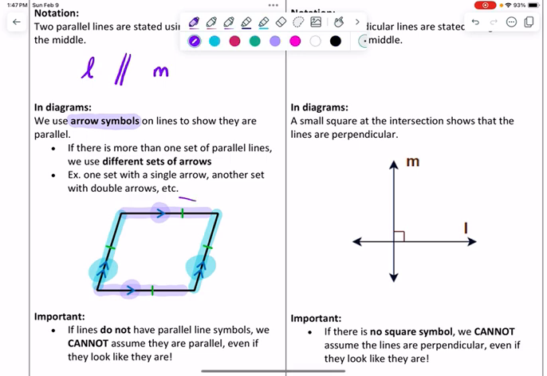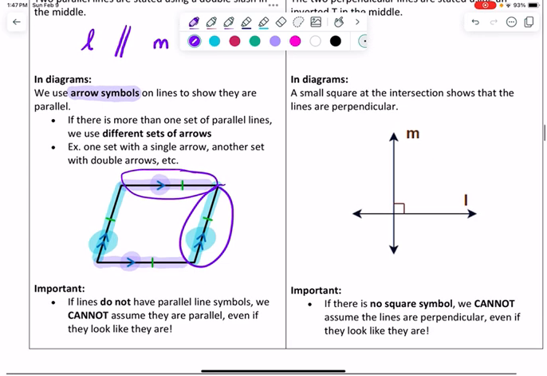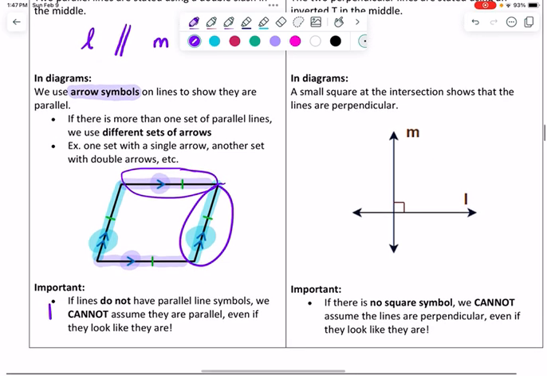This helps me indicate that this and this are not parallel to each other because they don't have the same amount of extra arrowheads there. Okay. It's important that we do not assume things are parallel unless we are explicitly indicating that they are. So if they do not have those extra little arrowheads on them, we can't say yes for sure. So we would not indicate that they are parallel.